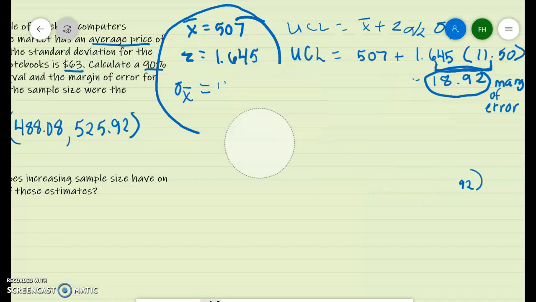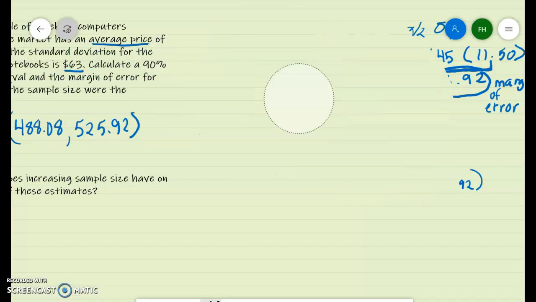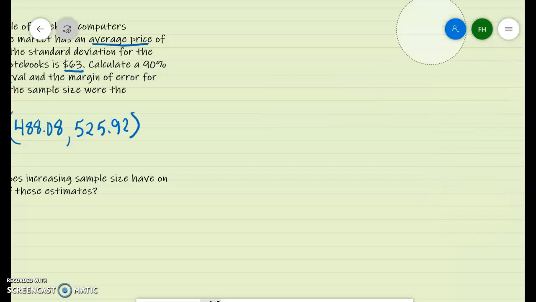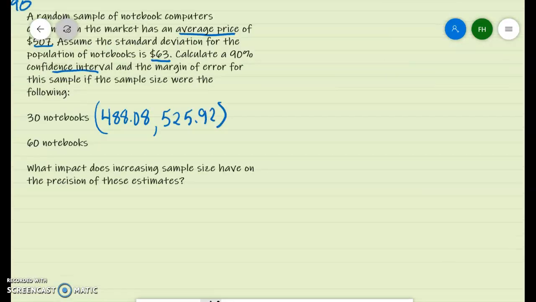And I'm going to erase all this so we can see. We got 18.92 for our margin of error. So the next thing it wants you to do is do the same thing, but with 60 notebooks.